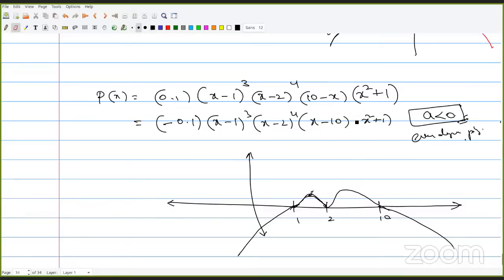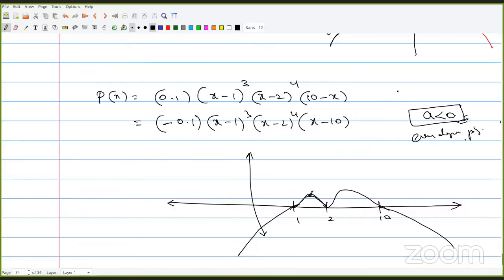See, what I meant is this will not affect much. This x square plus 1 will actually stretch or compress the graph. But above all this, you don't need to worry about those.